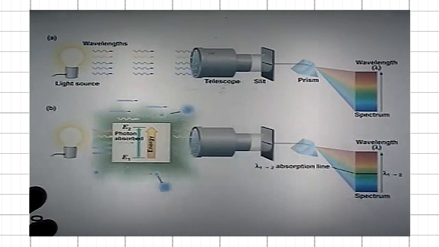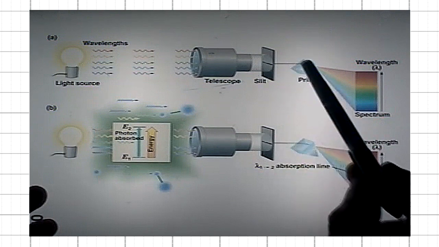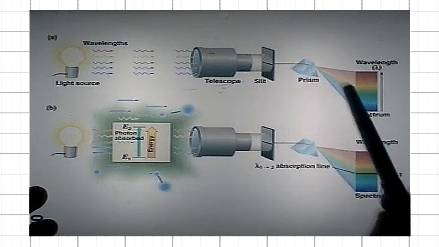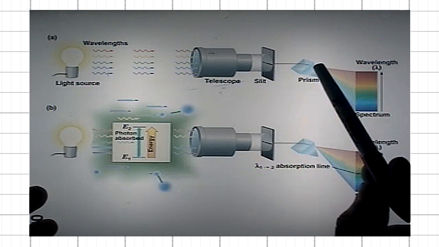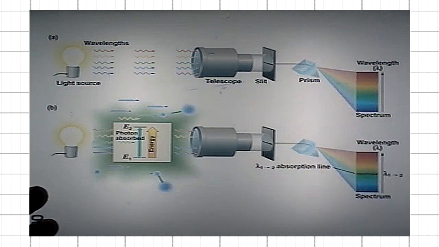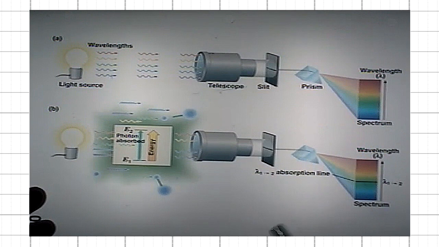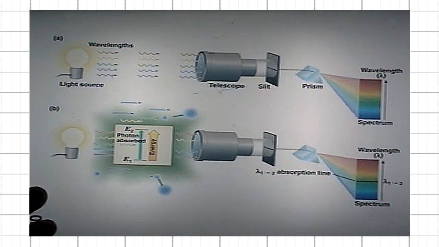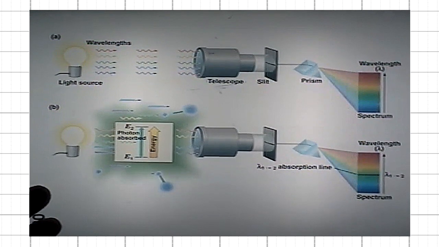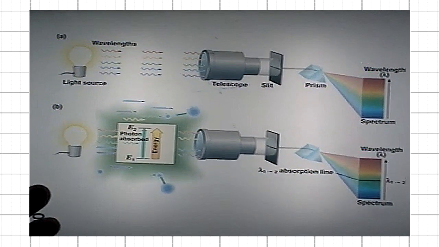You collect it with a telescope, again pass it through the slit to collimate it, and now when you pass it through the prism, because different wavelengths propagate through a denser medium at different speeds, different wavelengths will be resolved as separate components. You see the entire spectrum, all the colors present in the source of light.